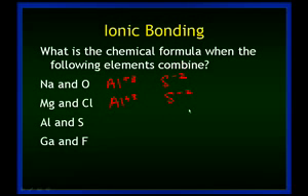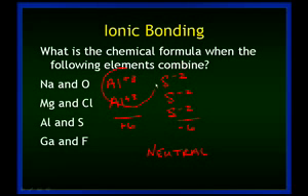And now I've got 6 pluses for the aluminum and 4 minuses for the sulfur, so I need to make it 6 minuses. Now I have 6 pluses and 6 minuses, and they cancel out perfectly. That's what you're trying to do, you're trying to cancel things out to make them neutral. Okay, so you want neutral charges.